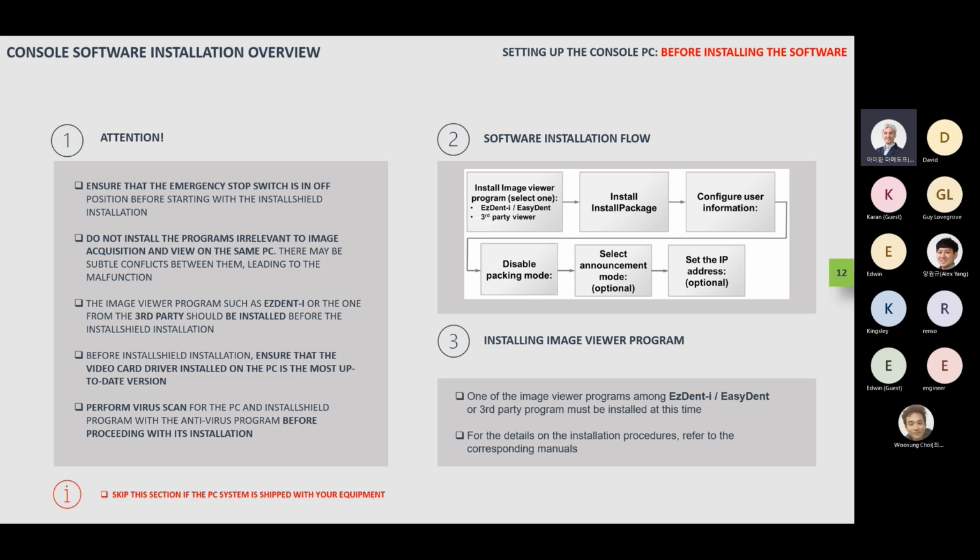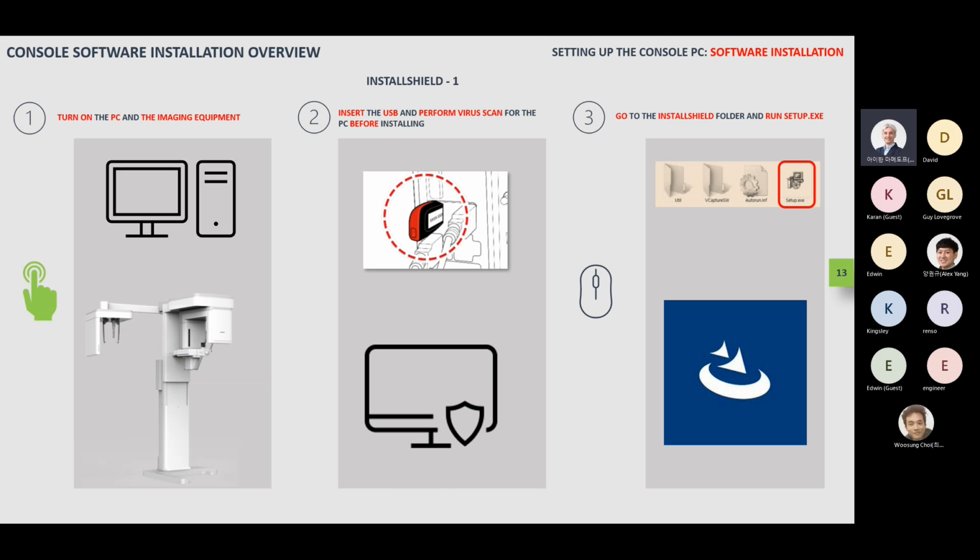And as you know, the Isident or any third-party viewer program must be installed ahead on the PC, so don't forget to install those viewer programs, which you have already experience with installing, and which are quite easy to install, by the way. And in case of the InstallShield, well, you know how to do that.